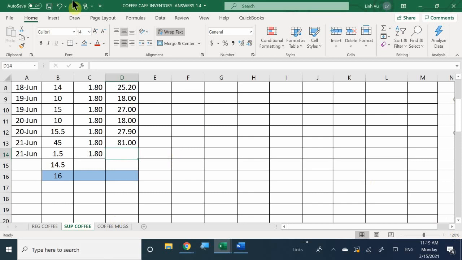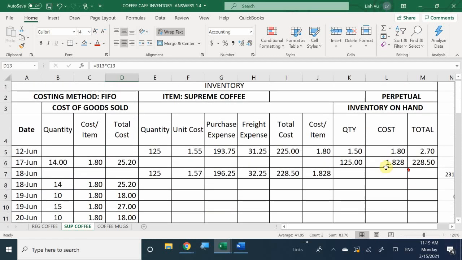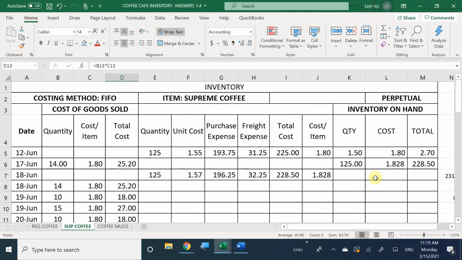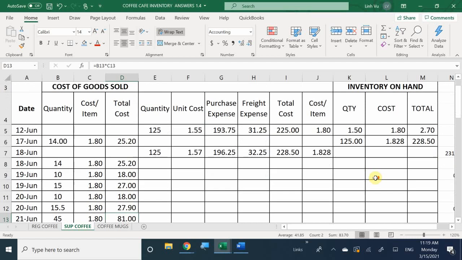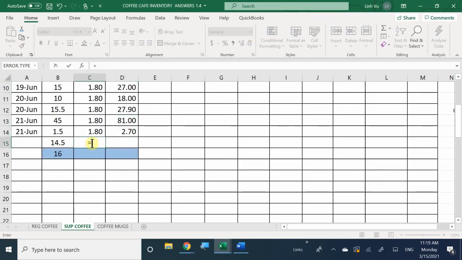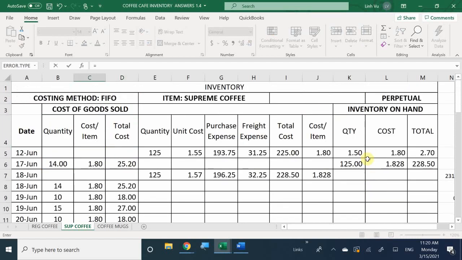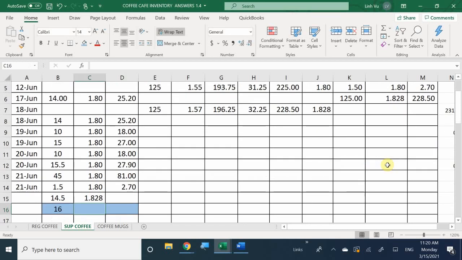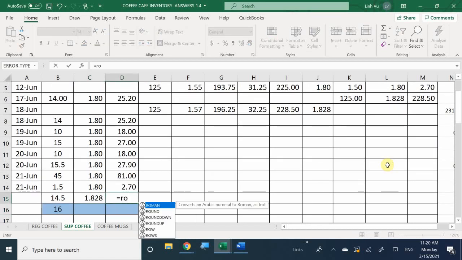So then, if I eliminate that batch, what's the next cost for the second batch? 1.8. So in this case, I'm going to have to do my equal round because it is definitely not an equal number. So what is going to be my total for this one? For the 14.5 pounds.